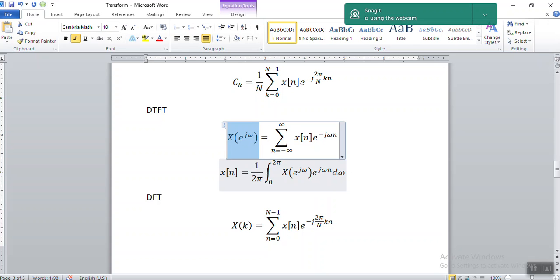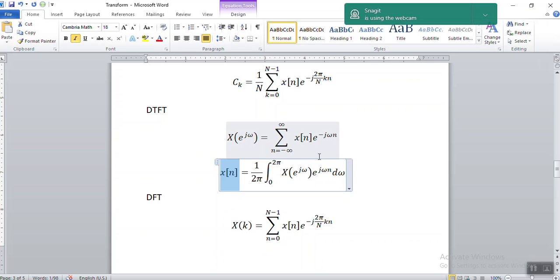So, therefore, integration is involved while evaluating the inverse DTFT, IDTFT, inverse discrete time Fourier transform, which is 1 by 2 pi integration 0 to 2 pi or minus pi to pi of X of e to the power j omega into e to the power j omega n d omega. So, this is DTFT, discrete time Fourier transform.